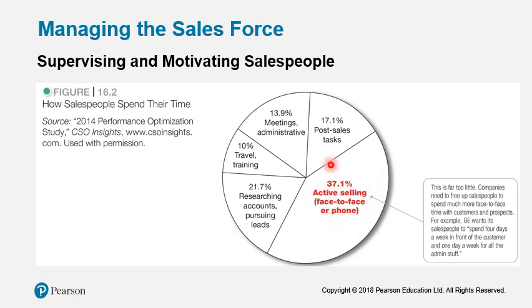That means active selling, while the second most time is spent researching the accounts, pursuing the leads. You need to do a lot of homework, as they call it, to learn about the customer, the product, and also the competitors, while other time includes traveling and training, meetings and administrative work, as well as some post-sales tasks.